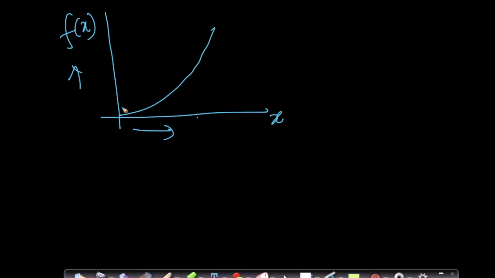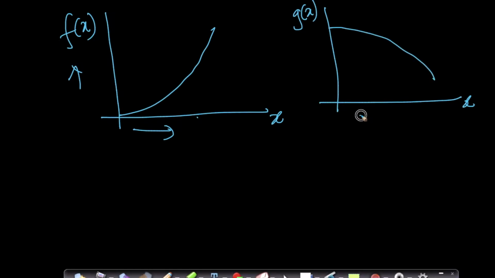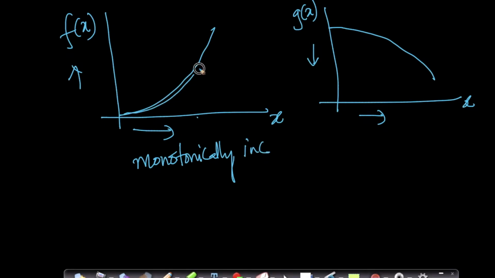Similarly, let's assume I have another function g of x, which always decreases as x increases.